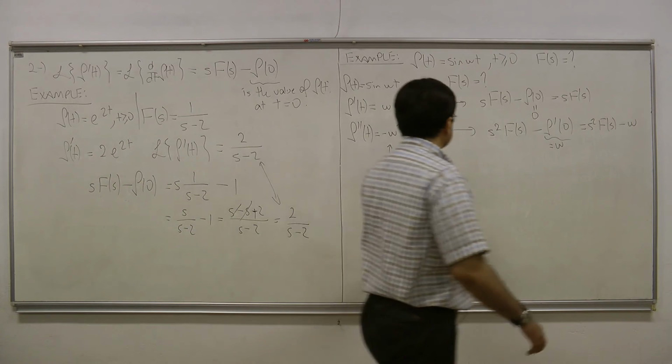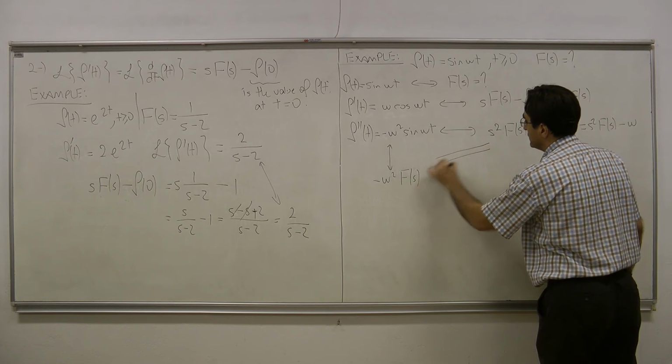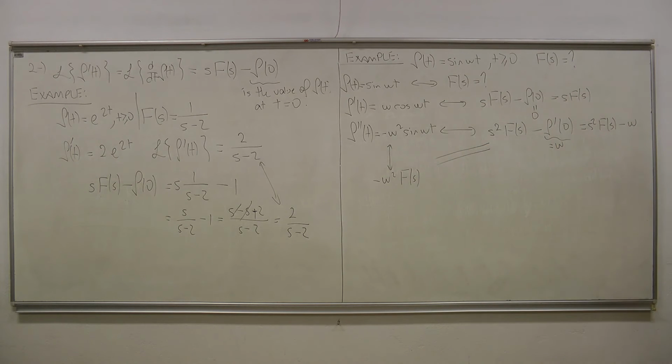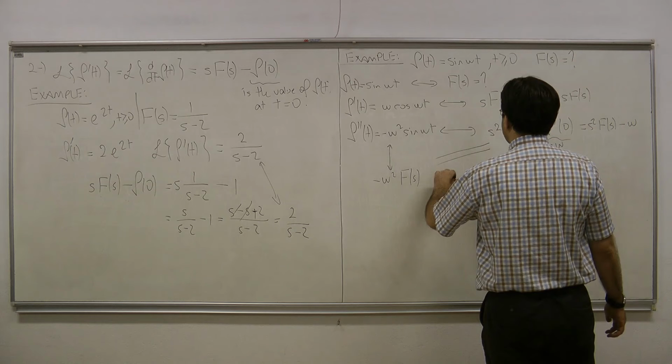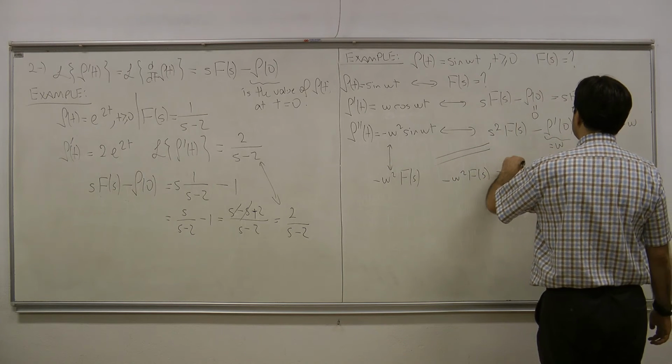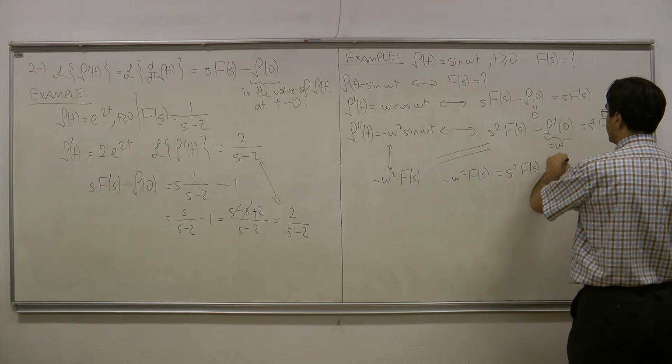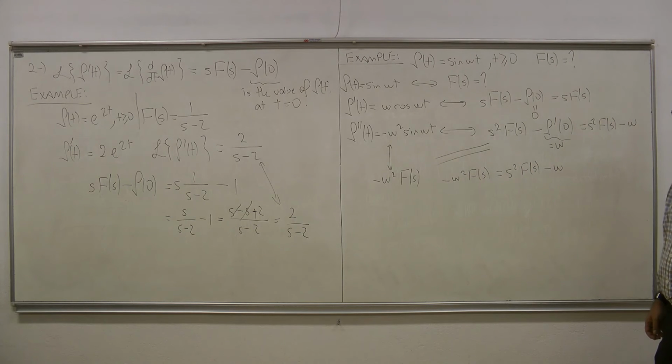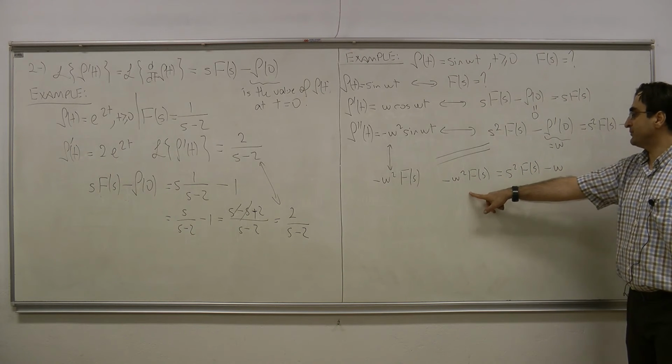So these two Laplace transformations should be equal. Okay? And from that equality, I can try to solve what capital F of s is. So it is minus omega square F of s is equal to s square F of s minus omega. Okay? Take the omega to the left.